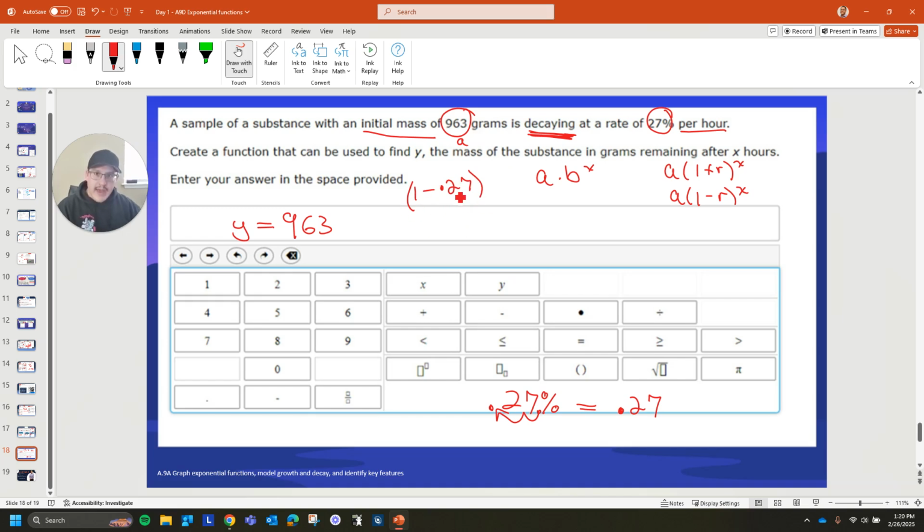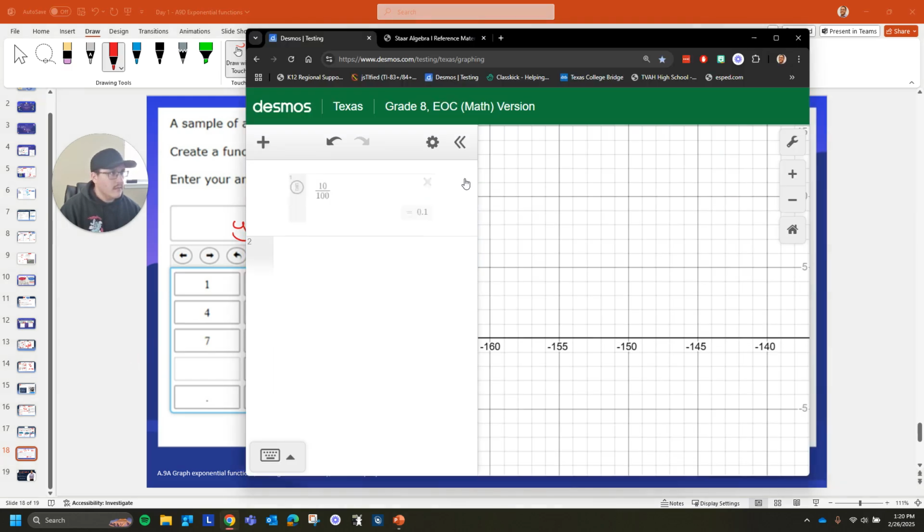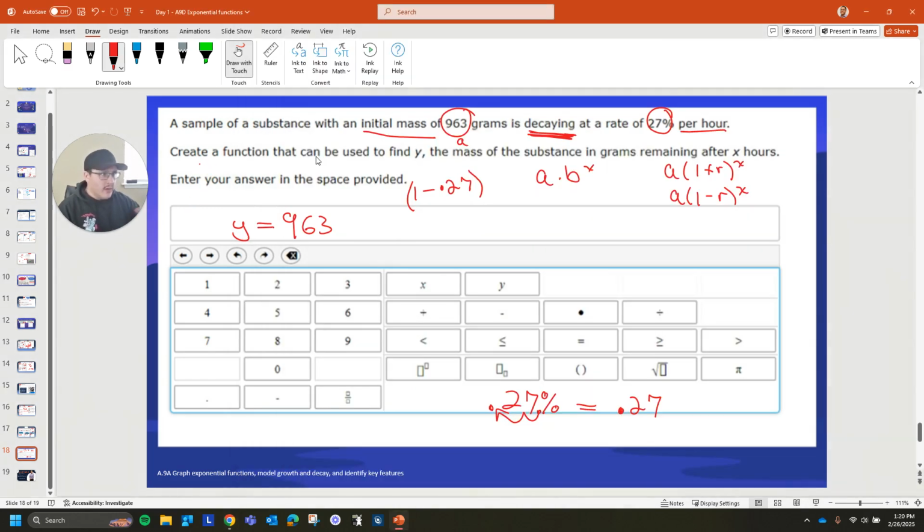This is a number that we can actually simplify, so we're going to go ahead and do that. 1 minus 0.27 will be 0.73. I don't know which one it'll accept, to be honest. Both may be correct. You can either just do 1 minus 0.27 and then put the x on it, or you can type in 0.73, close parentheses, raised to the x value.